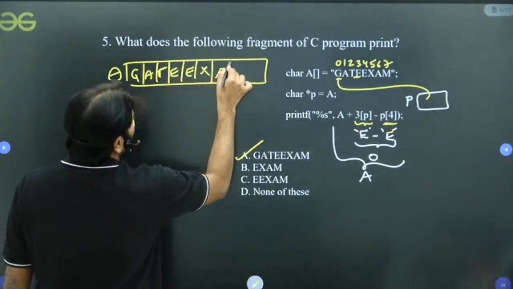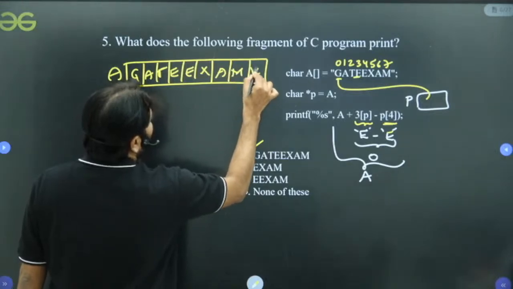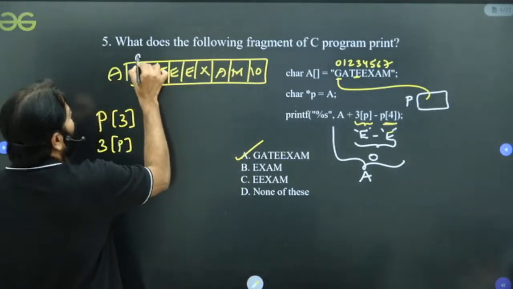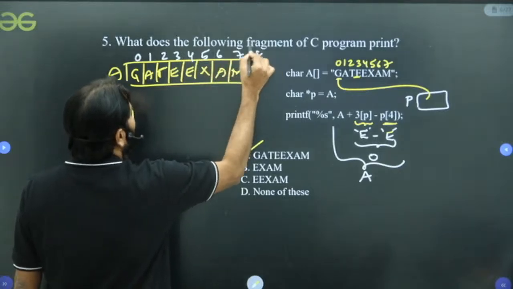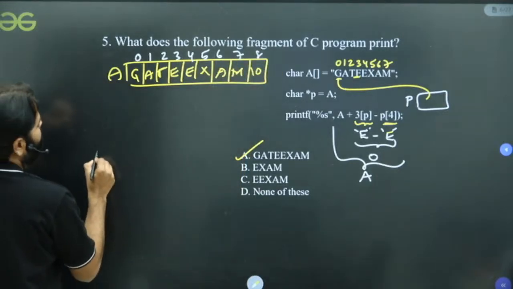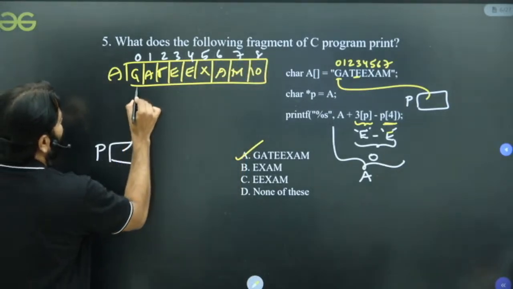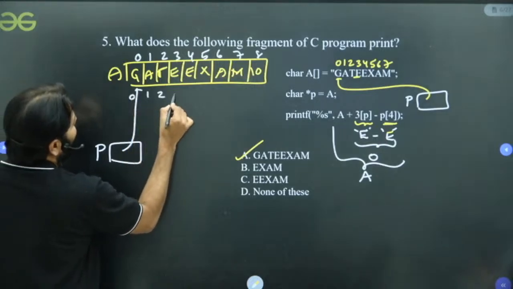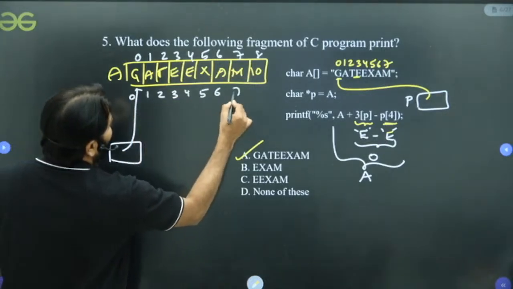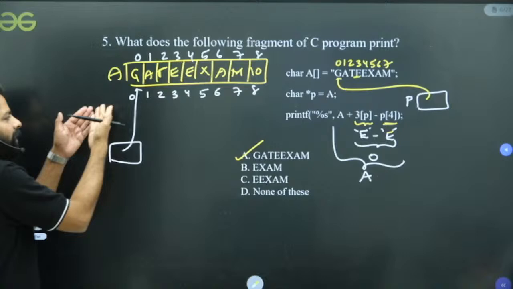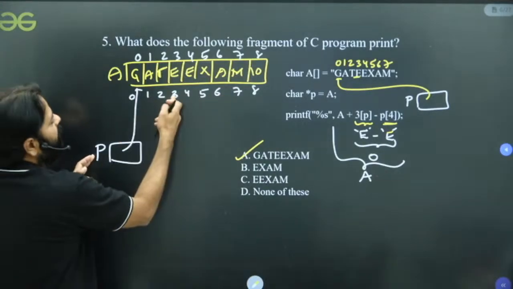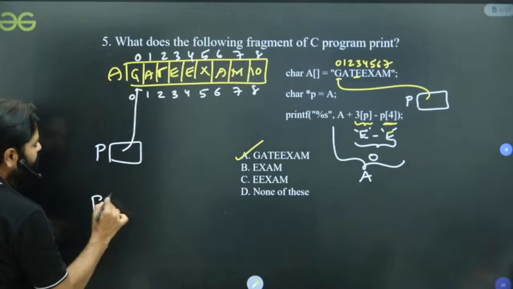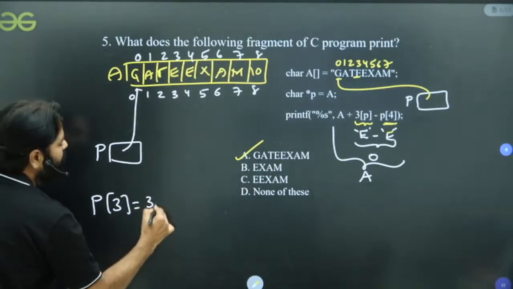It's a basic question. That's what I'm focusing on, basics, not much on time-wasting questions. These are concept-oriented questions that we are doing. P is pointing to this one, so it also creates the same index, right? Even if you want to access P, you will have the same index for P. Now P of 3 means we will get E. P of 3 and 3 of P, is it the same or not?